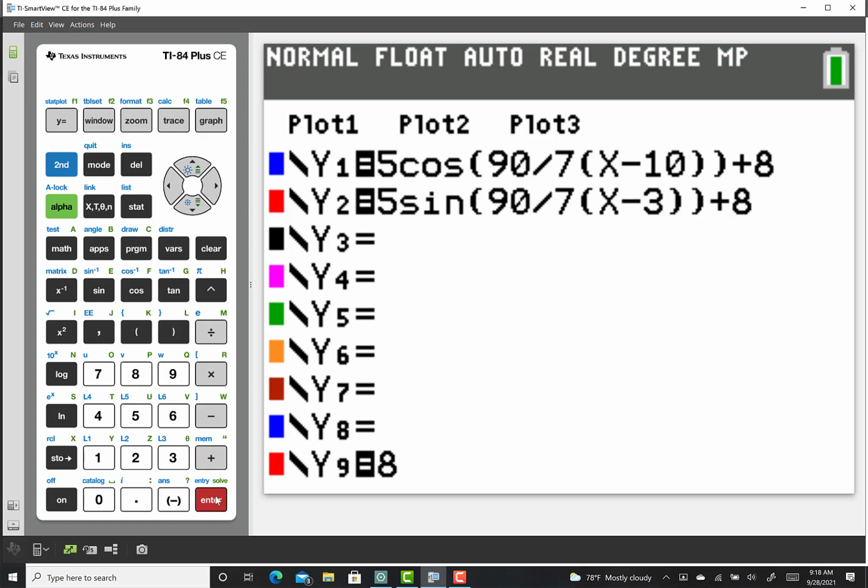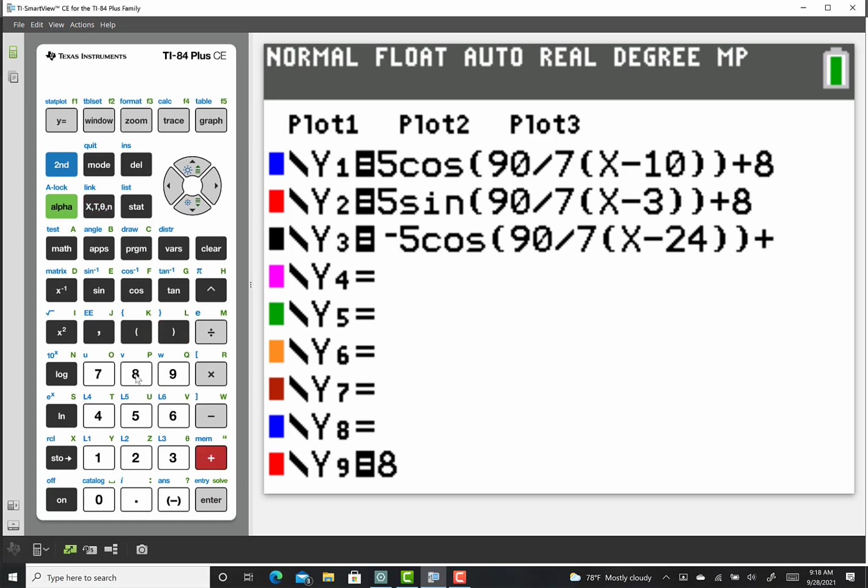And then Y3 was letter C, so negative 5 cosine 90 over 7 x minus, close, close, plus 8. And then finally the last one was a negative 5 sine 90 over 7 x minus.